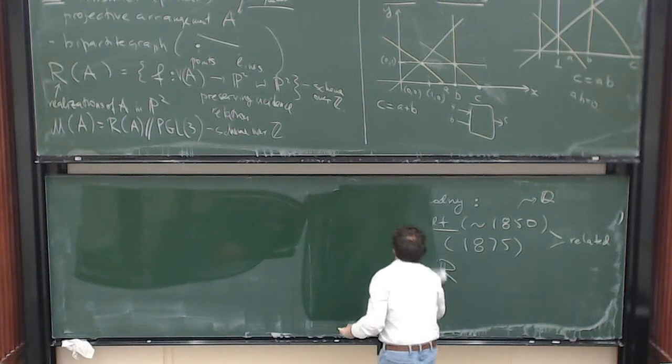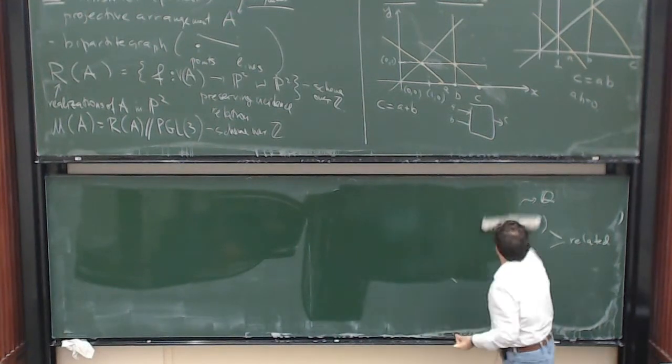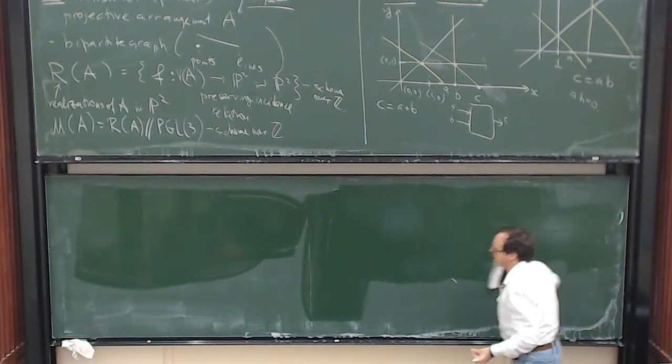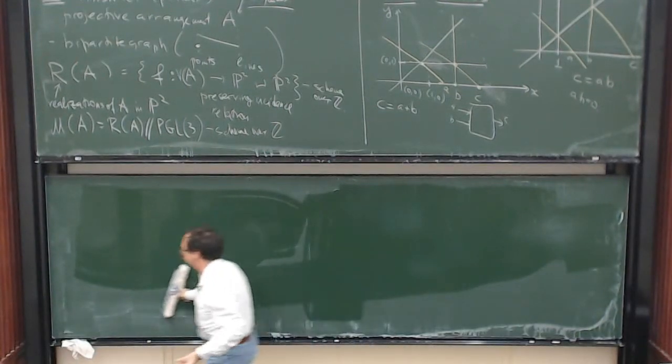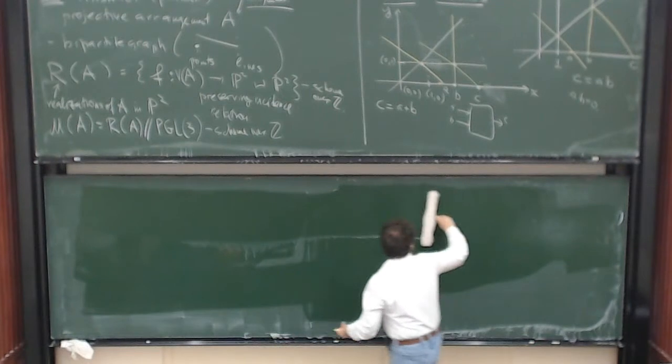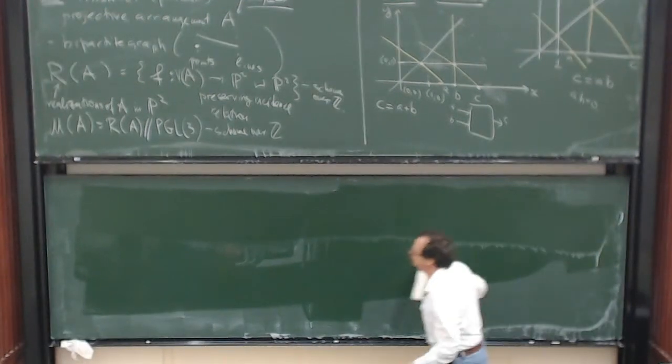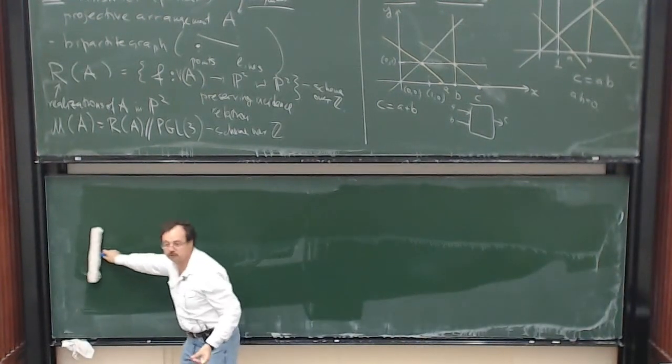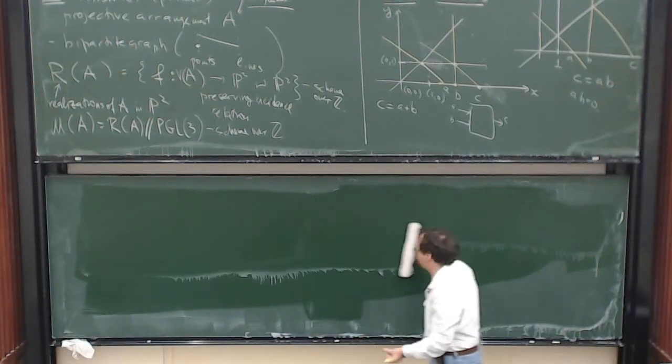But again, if von Staudt knew of the language, he could have easily stated the theorem because he had all the tools for this. Just the language of algebraic geometry really did not exist at the time. So it was just projective geometry, the only geometry he knew about.